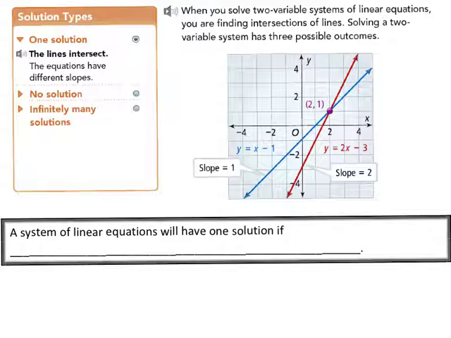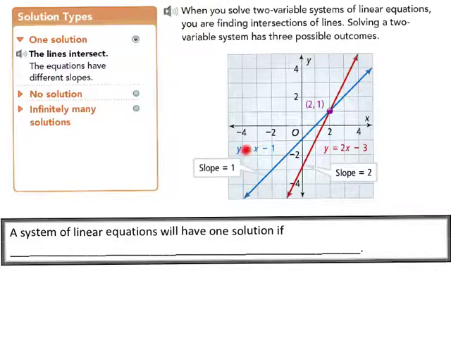The first is where the two lines intersect, as you can see in this graph. Right here, the two lines intersect at that point, which means (2, 1) is a solution to the system of equations. That happens if the slopes are different.